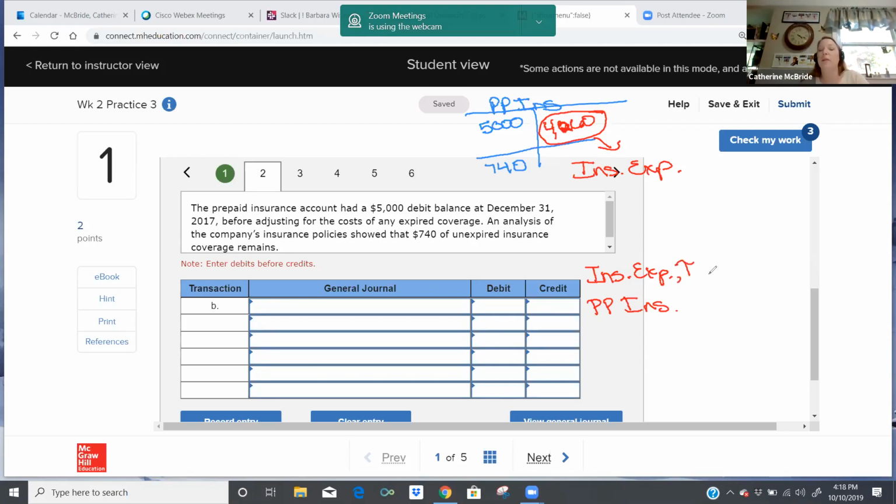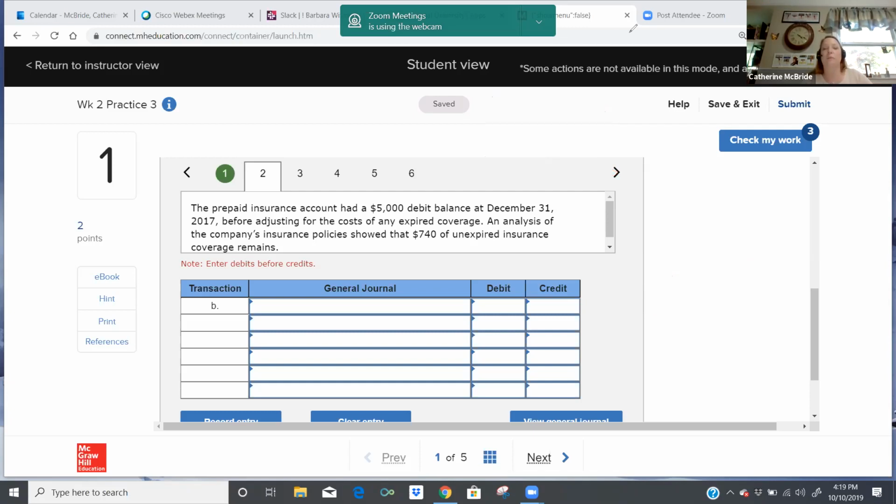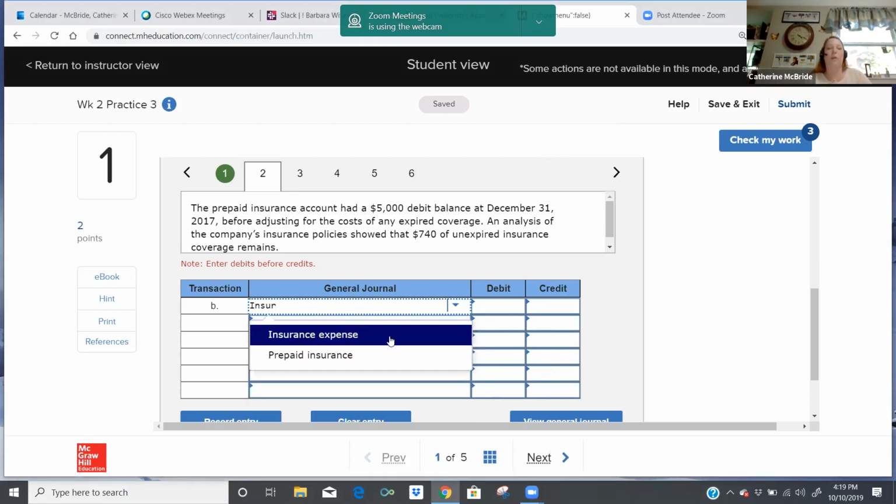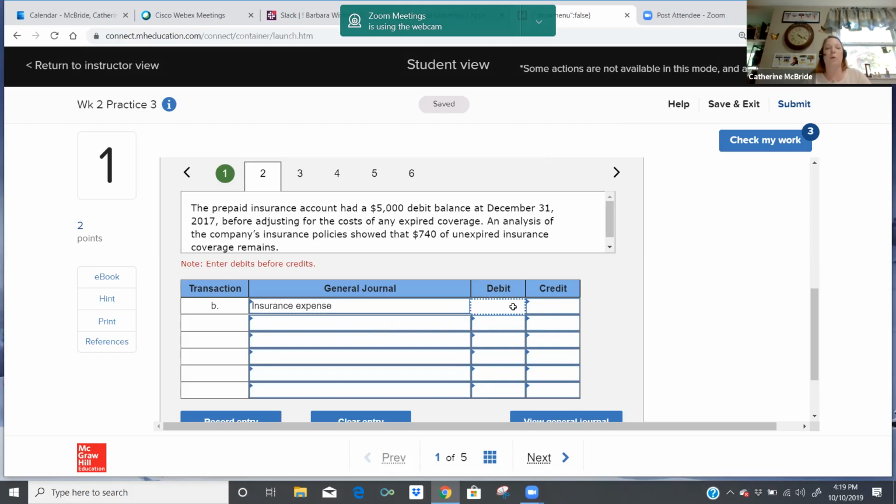If I increase an expense, do I debit it or credit it? So I'm going to debit the expense and I'm going to credit prepaid insurance. So I'm going to debit insurance expense and credit prepaid insurance. So insurance expense for, what did I say, 4,620? 4,260, 5,000 minus 740, 4,260.